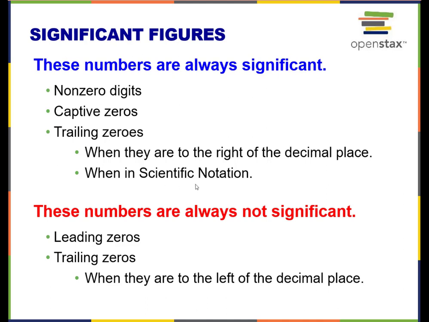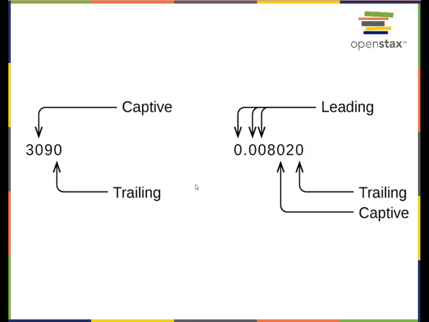Let's look at a couple of examples here. This number here, 3090. There's no decimal point, so this number is left up to interpretation. Because there's no decimal point, generally we would assume that the decimal point is after the last digit.